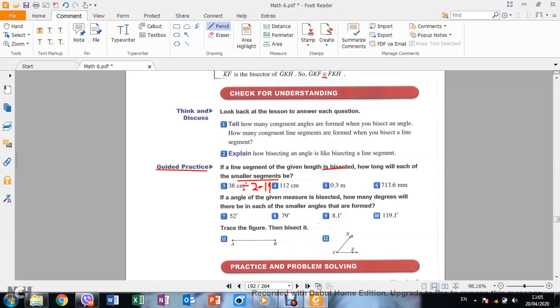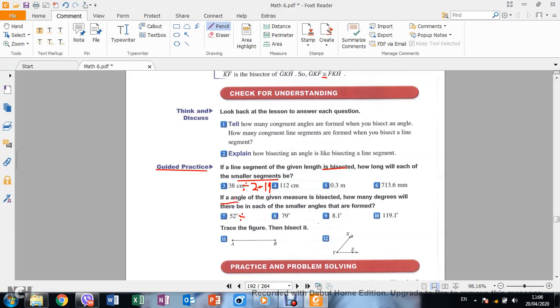For angles it is the same, from 7 to 10. If an angle of a given measure is bisected, how many degrees will there be in each of the smaller angles that are formed? Because of the bisect, again we divide into two congruent parts.